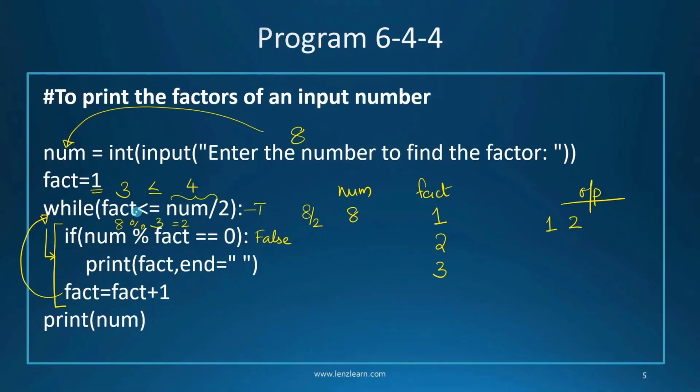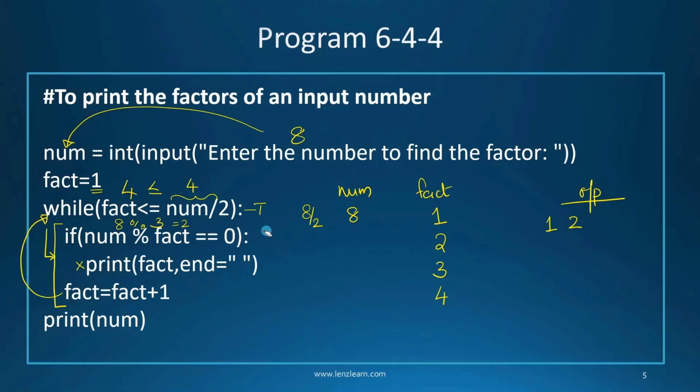Because 3 will go up till 6, and after that you have a remainder of 2. So 2 is equal to 0 is false. So this print statement will not be executed. So 3 will not come in the output. You will increase the value of fact to 4. Okay, so this time I will check 4 is less than or equal to 4.